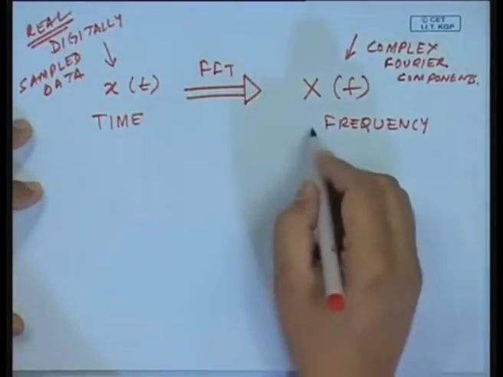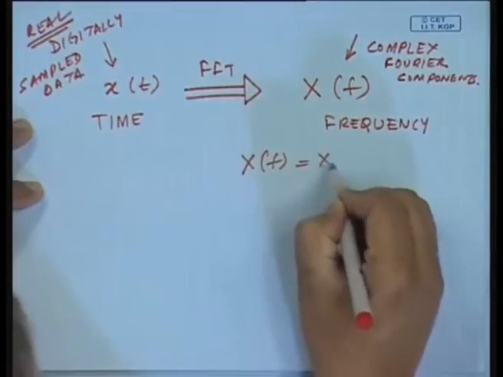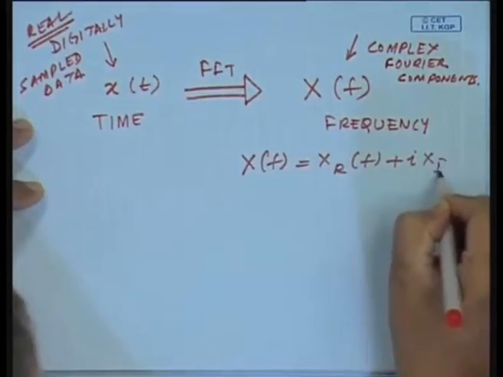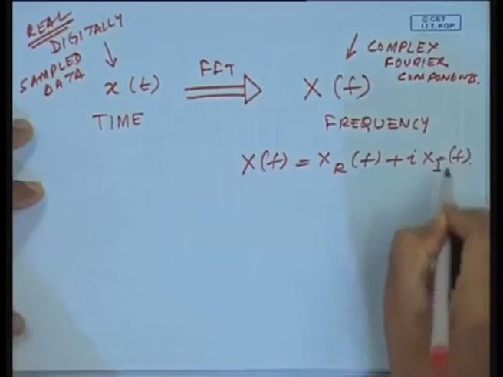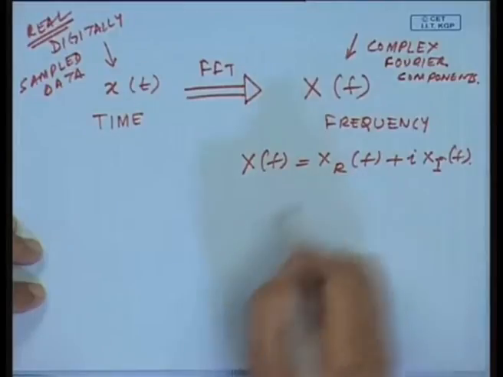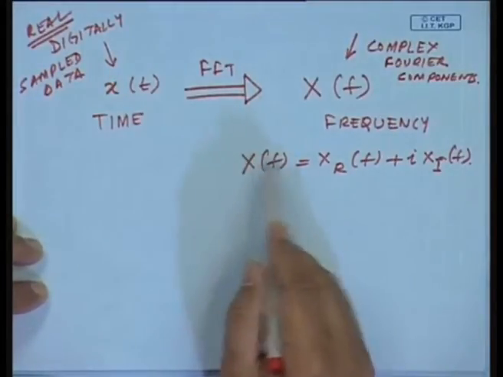So, X F being complex, I can represent it as, okay, and this is in the frequency domain. But then I need to know what is the relationship between this time and frequency.